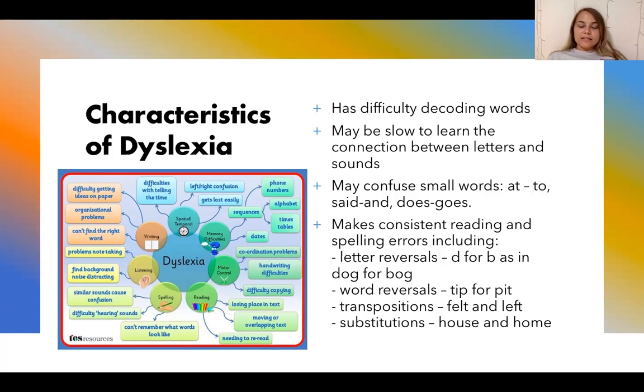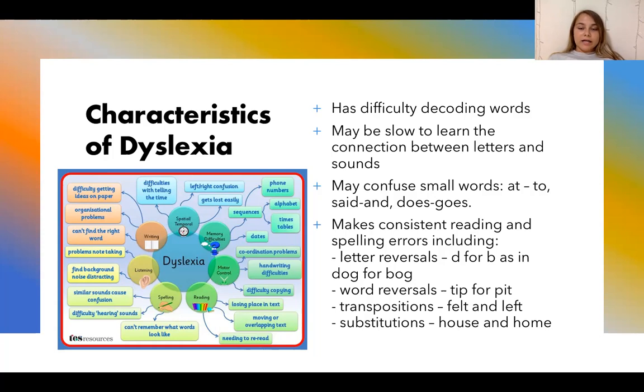Again, that goes right back to connecting the differences between various letters and sounds. That also goes into mixing up small words. Say we're reading the word at, but a student with dyslexia will say to, or said, and, or does and go. But it also translates to even just letter mix ups.